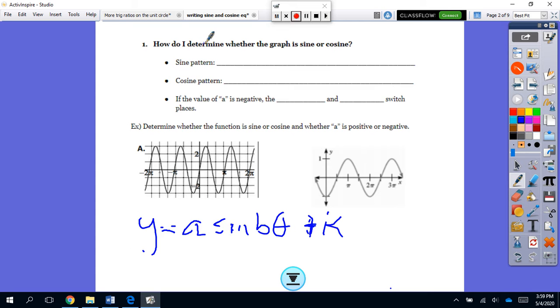Well, the first thing you need to know is whether it is sine or cosine. And then you also need to know whether it's a positive or negative function.